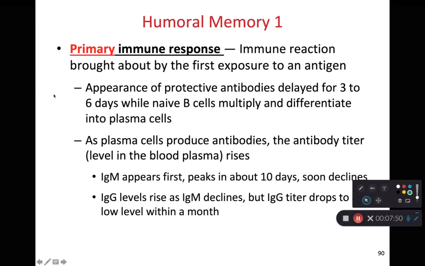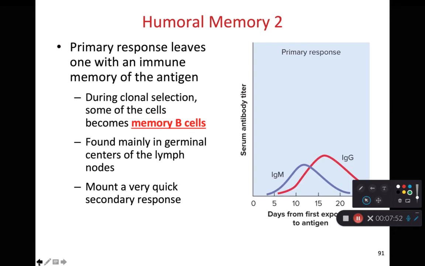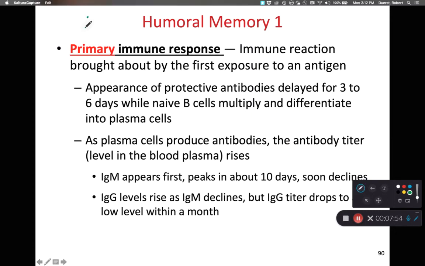Now, during humoral immunity, the primary response, let's go back a slide here. That primary response is the first time we're exposed, the first exposure to the antigen. And we can have antibodies appear 3 to 6 days later. Naive B cells are going to take a while to differentiate into those plasma cells, 3 to 6 days.